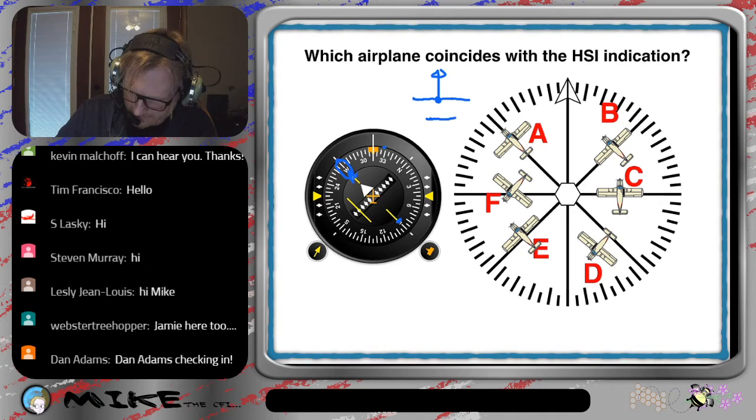The CDI needle's off over there, and the airplane is facing that direction, and the VOR is somewhere over there.